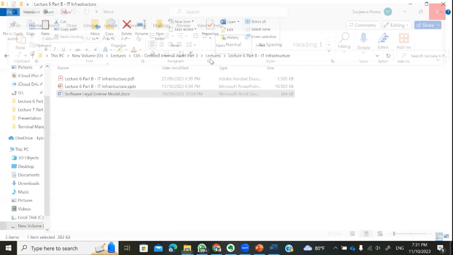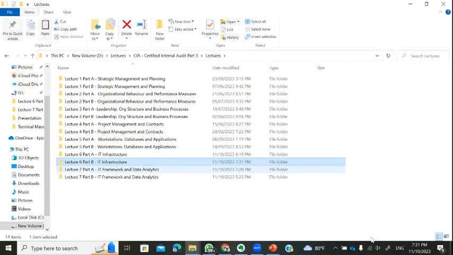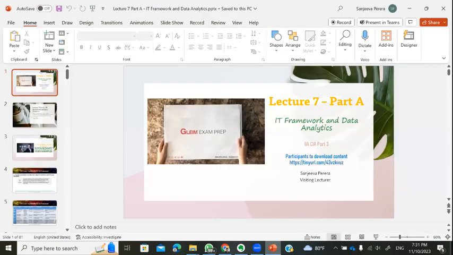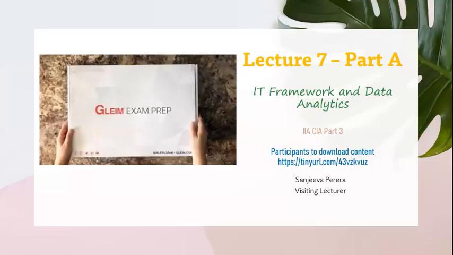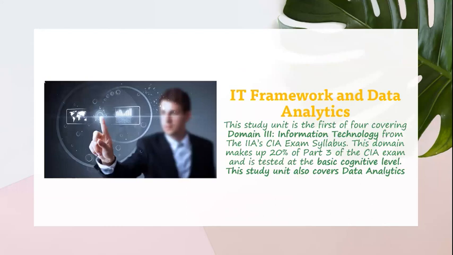I'm giving it. It is not required for the examination purpose to study all the licensing models. But since you're in audit, when you're doing IT audit, you get sometimes confused with the various vendors licensing model. So that's what you need to know. Okay, so let's look at the IT framework and data analytics in lecture 7, part A.